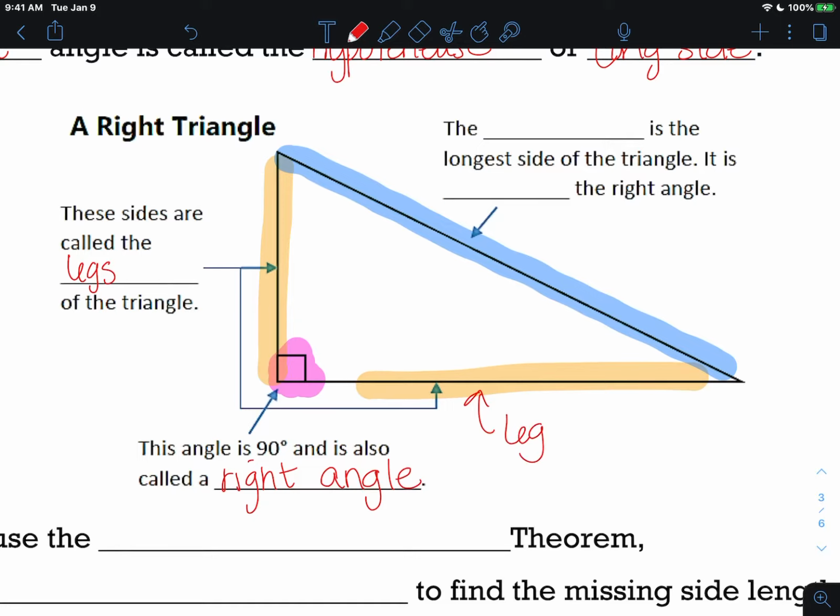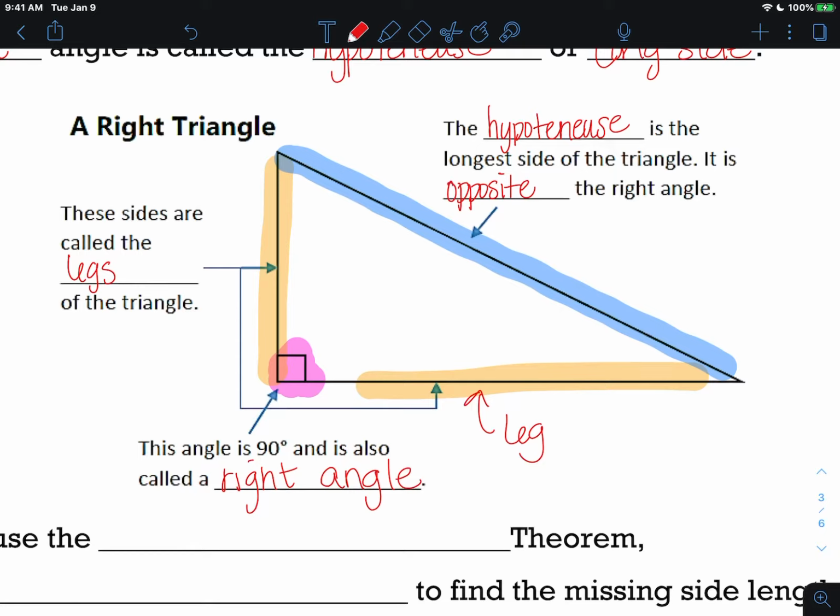The longest side is also called my hypotenuse. And it's the longest side of my triangle. It is opposite to my right angle. So how do I remember all of that?